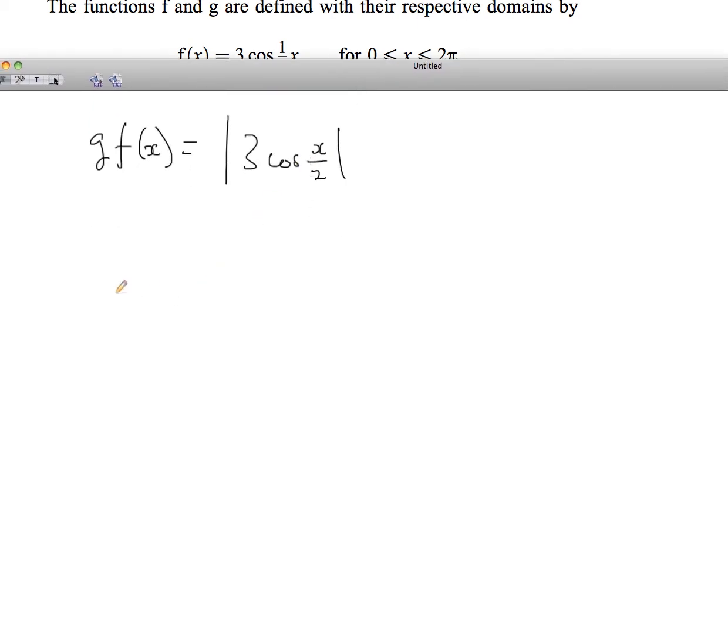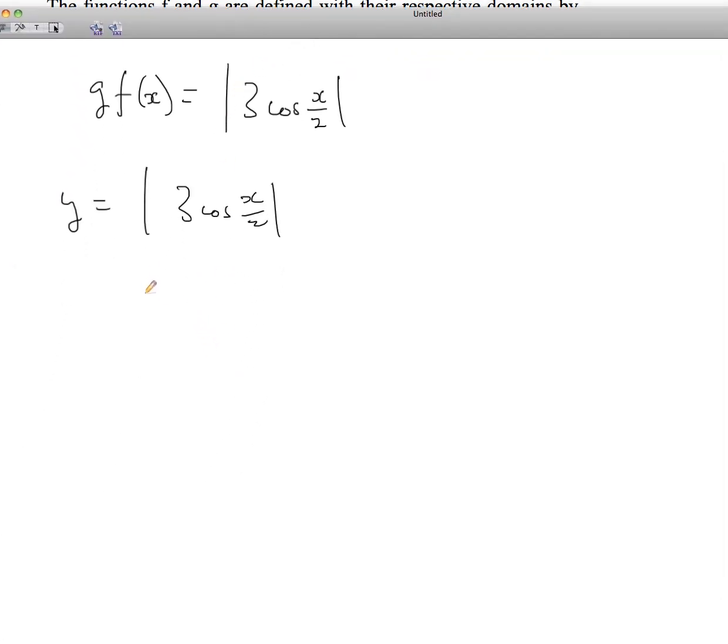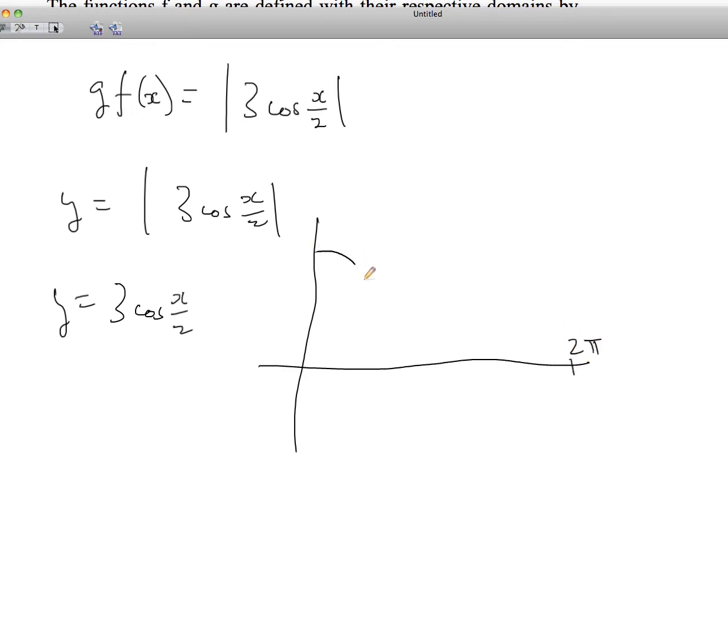Sketch the graph of that. So we want this graph, y is equal to 3 cos x over 2. And wait a minute, did I do that right? Yes, that's correct. Now, we've already done the graph of y equals 3 cos x over 2, which was, this is 2 pi, remember, so the graph comes down like that, as it were.